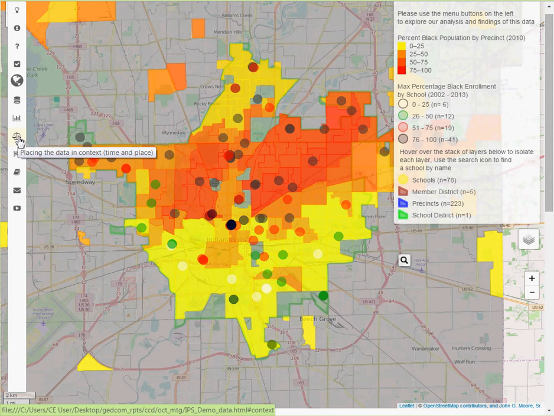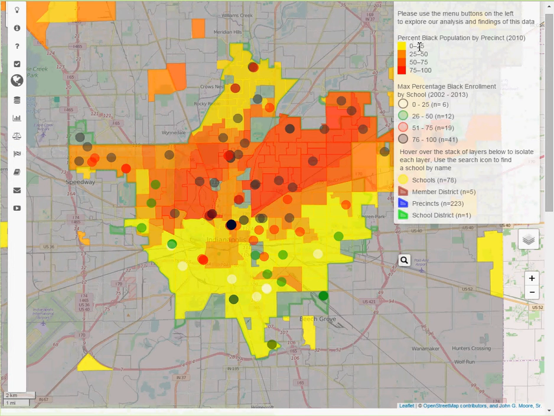Our next bullet point, our menu item, is placing the data in context, time and place. And in looking at this data, for now, let's just say that when we look at the percent of black population by precinct, and we color code that, you'll see that generally on the diagonal, the southern half of the school district is less than 25%, pretty much uniformly.